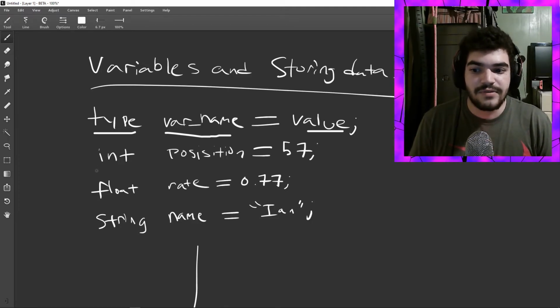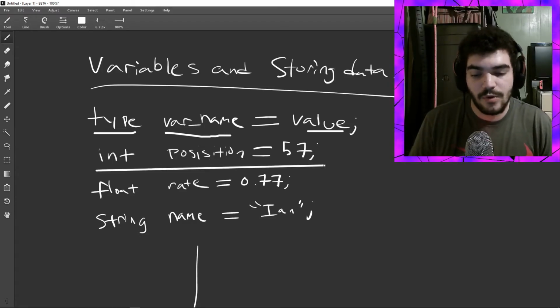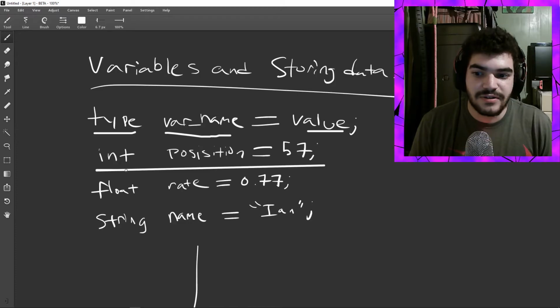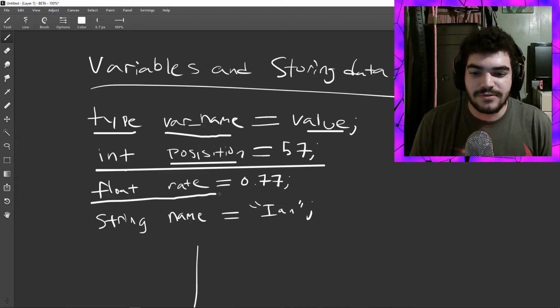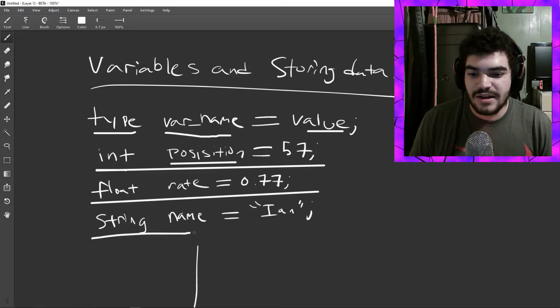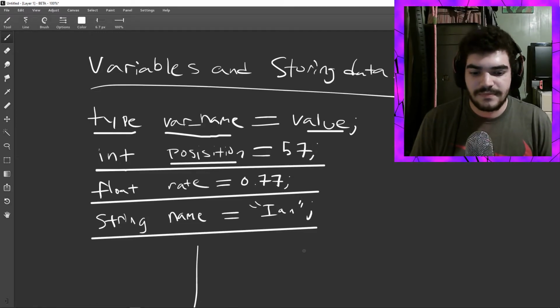So for example, we've got int position equals 57, so we assign the value 57 into the variable that is type integer and it's named position, if that makes any sense. Some more examples: float rate, assign the value 2.77, and string name, assign the value Ian, for example.